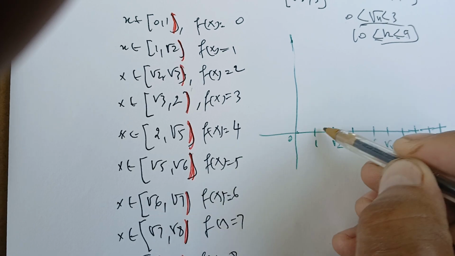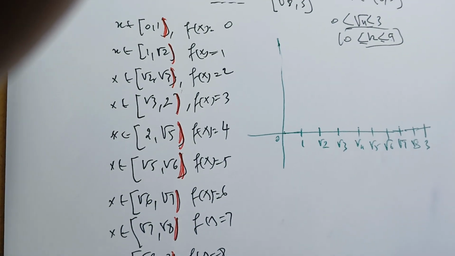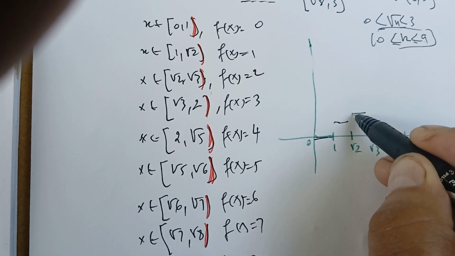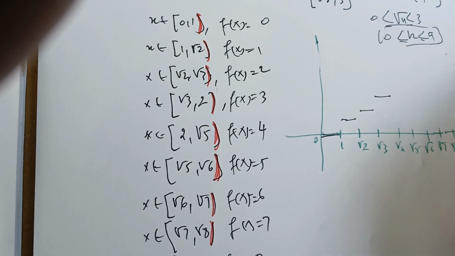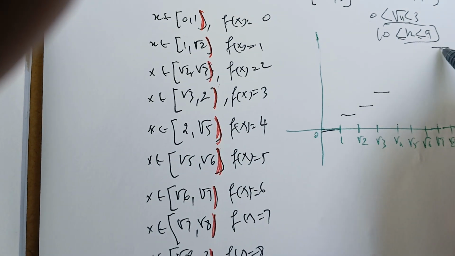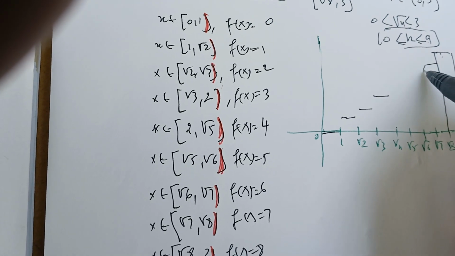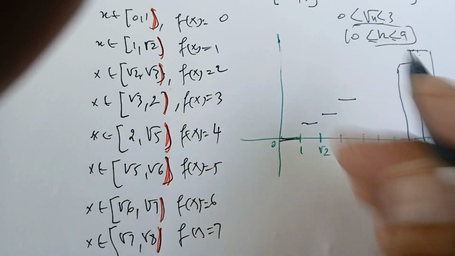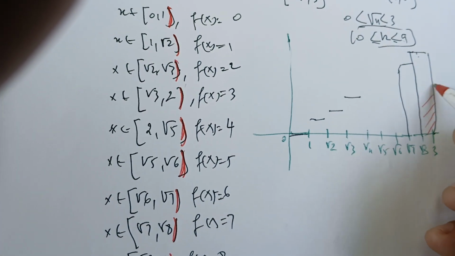Here between 0 and 1, the floor value is 0. Here it's 1, here it's 2, 3, and until the last one, which is 8. This one here is 7. And therefore, the integral is just the sum of these areas, these rectangles.